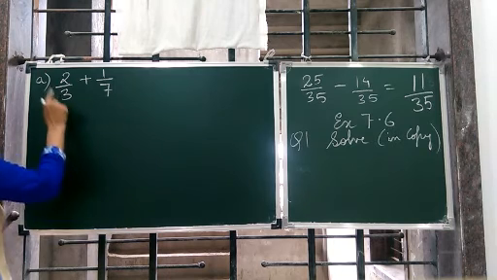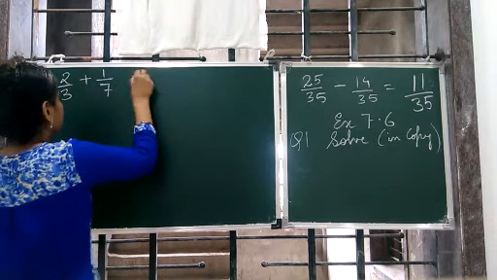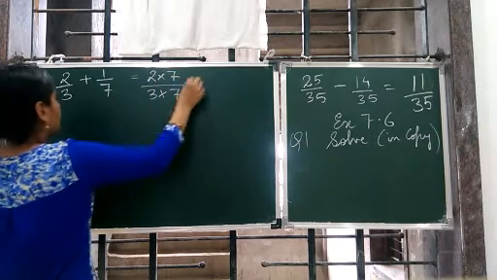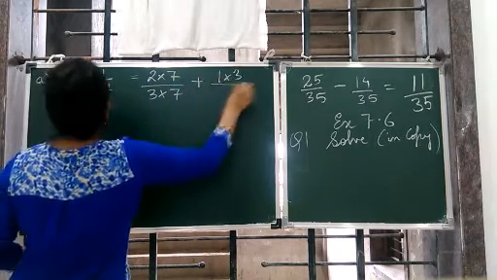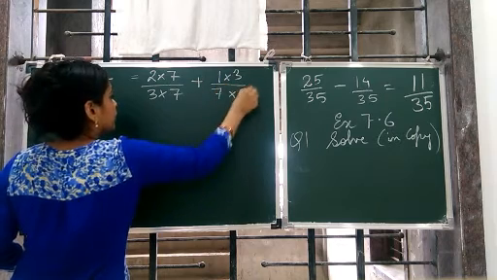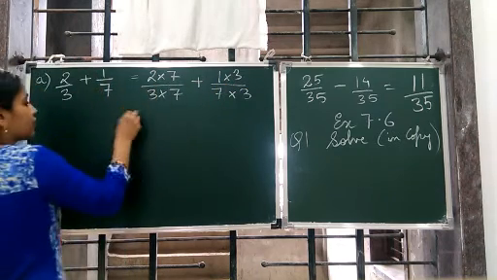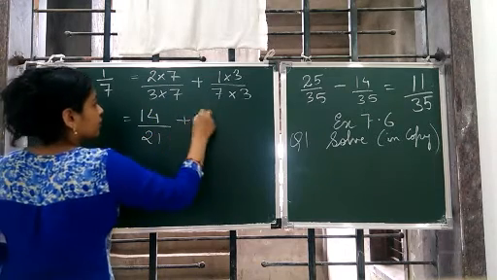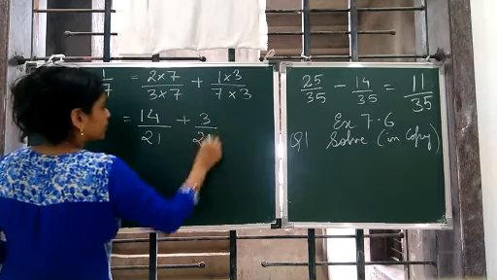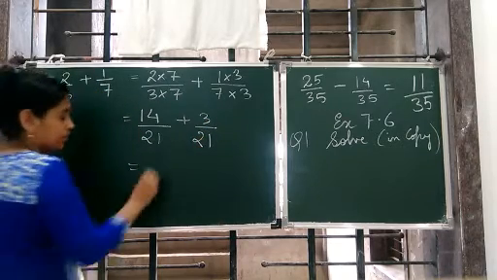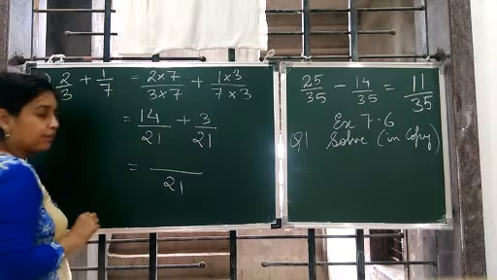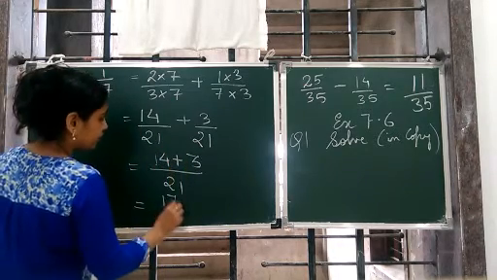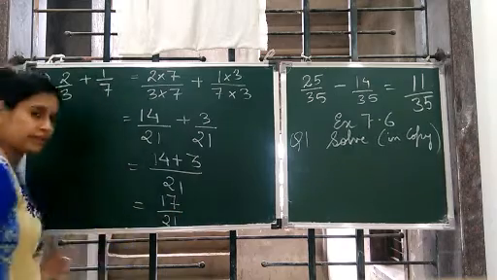So 7 multiplies here and 3 multiplies here. So 2 into 7, 3 into 7 plus 1 into 3 and 7 into 3. 2 sevens are 14 upon 3 sevens are 21. 3 ones are 3 upon 21. Now, are the denominators the same? Yes, we take the denominator common and then we add 14 and 3. The answer is 17 by 21.